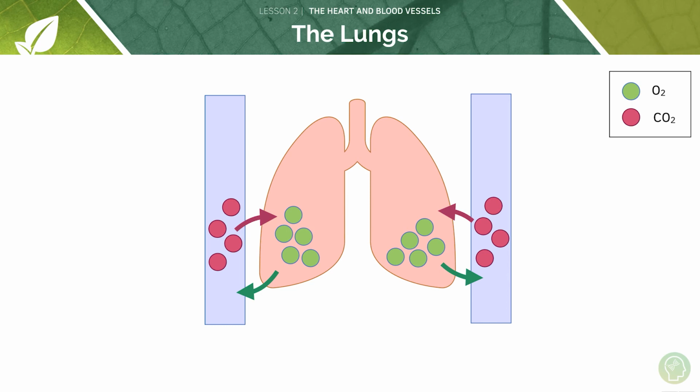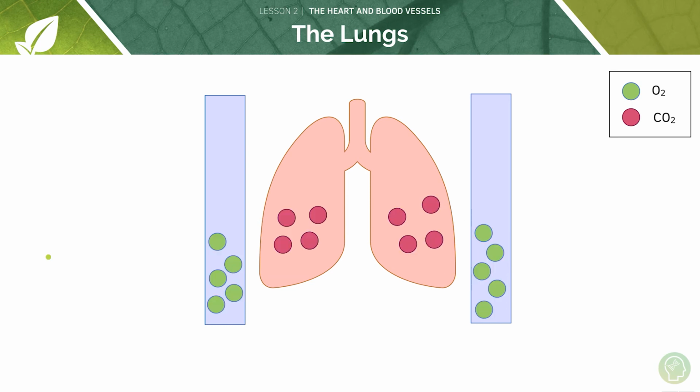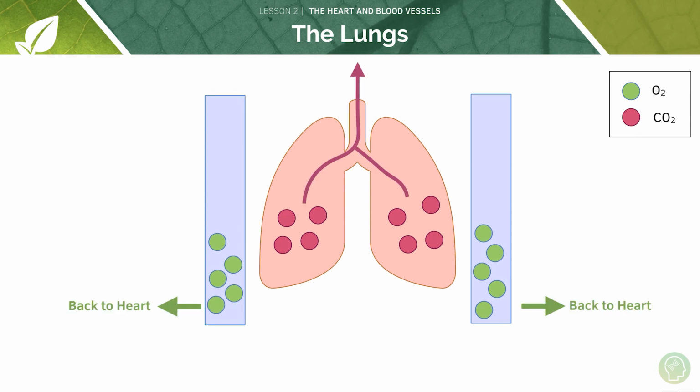So we're going to do this process of gas exchange, and now there's going to be a higher concentration of oxygen in the blood, which means it's been reoxygenated and it can be passed back to the heart, into the left atrium, then into the left ventricle, and out through the aorta and pumped to the rest of the body. And meanwhile, the carbon dioxide that moved from the blood into the lungs is removed via ventilation back into the air.